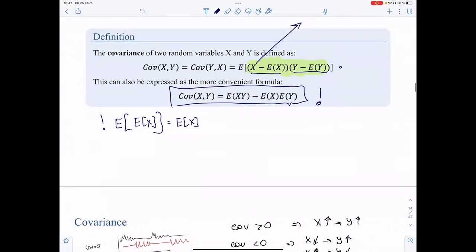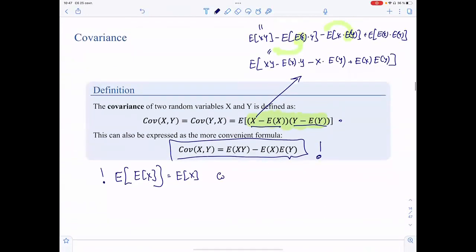Going back to the correlation, let me write here a note for you, that correlation is covariance divided by sigma x times sigma y. And by saying sigma, I mean the standard deviation of the random variable. And the standard deviation, as we used to say, is the square root of the variance of your random variable.